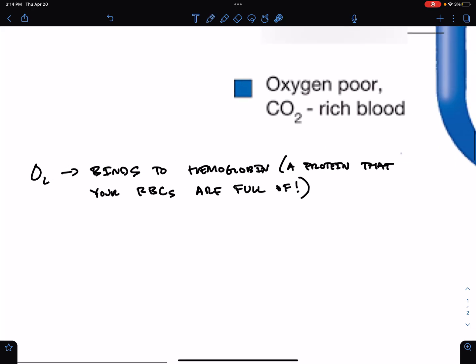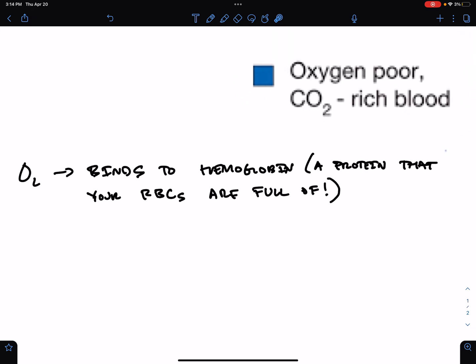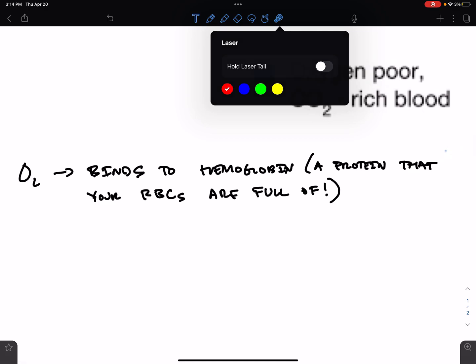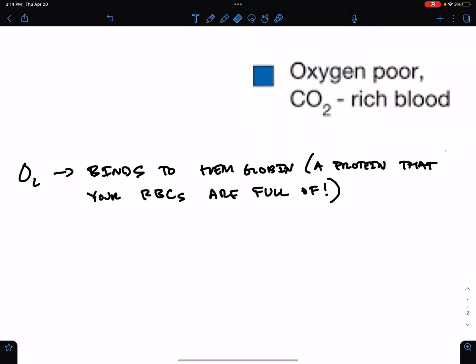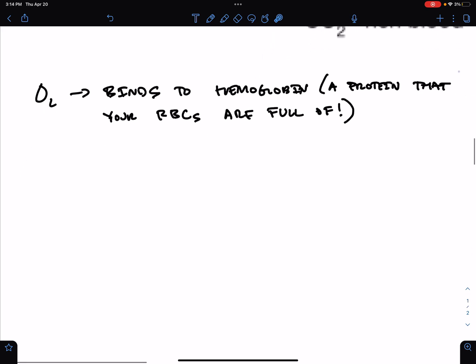When you take biochemistry, you'll learn all about the oxyhemoglobin dissociation curve. We're not going to talk about that very much, but just know that hemoglobin can bind oxygen, and it does so in the lungs, and then it gives it up in the body tissue when O2 concentration is low in the tissue.